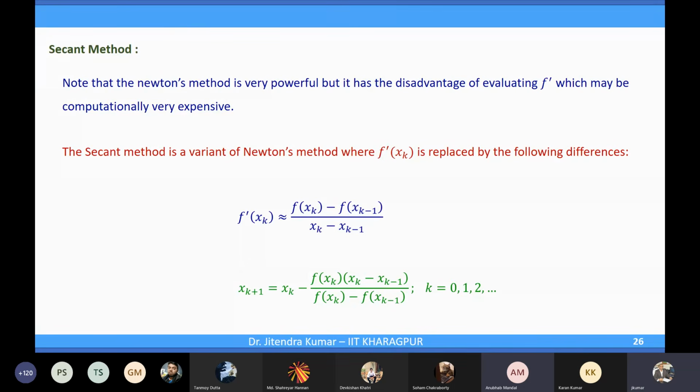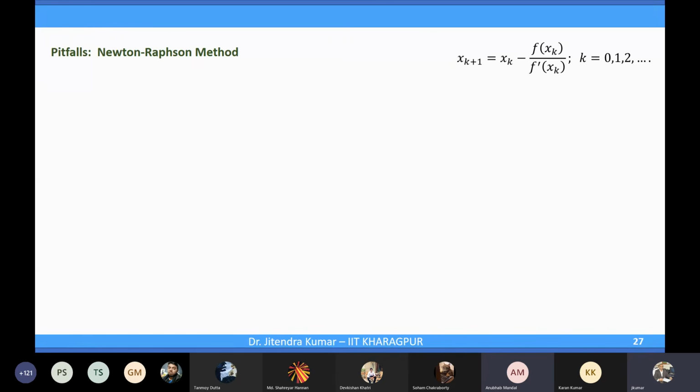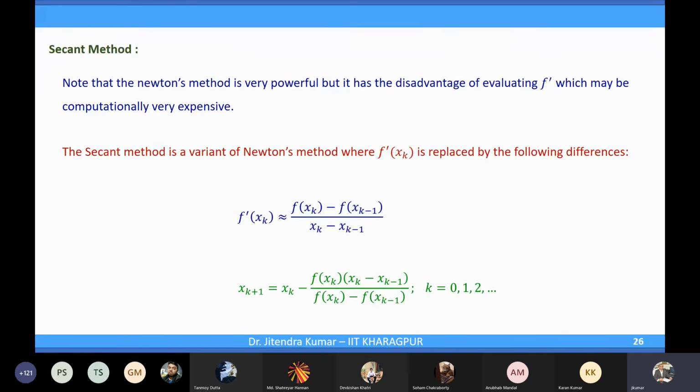Sir, in this case also the error should be converging in a quadratic way? I mean, you cannot prove the quadratic convergence here. I thought the basic format was similar to the Newton-Raphson, so in this case it would be similar also. But there, when you prove it, G prime of the root was 0, right? Yes, sir. That you cannot do here. But what is observed in practice is quite good. It is close to the Newton-Raphson method.